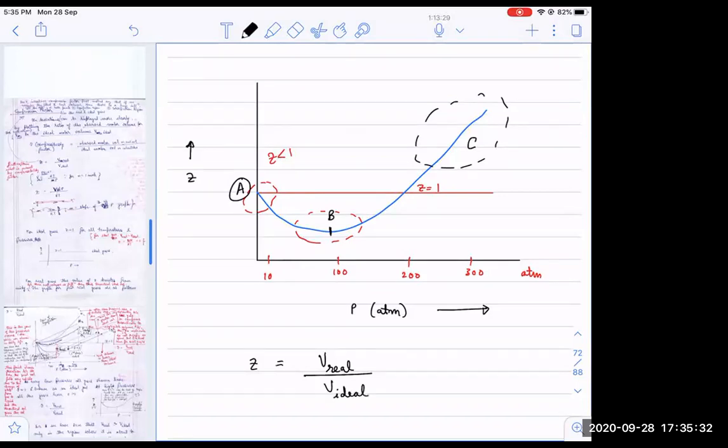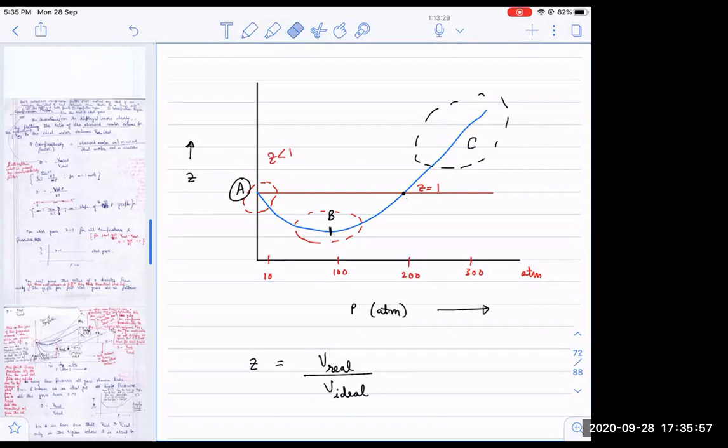Z is the ratio of V real by V ideal, the compressibility factor. This Z is less than 1 from A to, let's say, this D point, and it miraculously becomes more than 1 from D to C point.